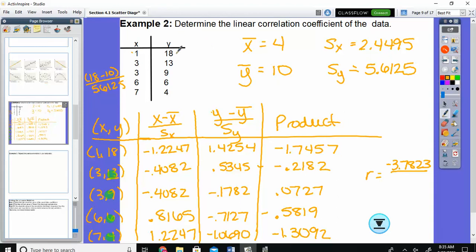What's my n? N is the number of points. We count each x, y word pair as 1 point. So we have 5, so divide by 5 minus 1.